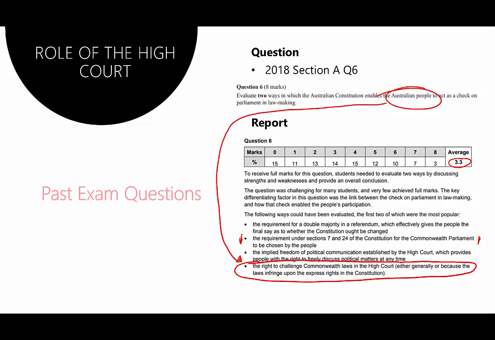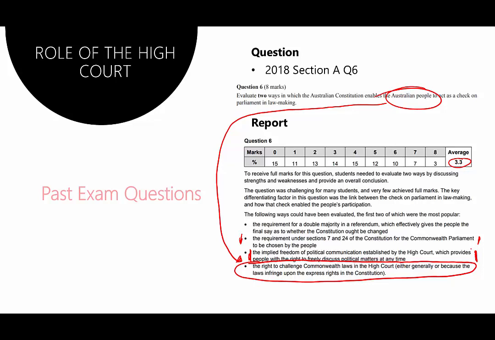So that's a really important point. When we talk about the role of the High Court, we can talk about the people's ability to bring cases to the High Court. And as part of that, that potentially means that the High Court also finds new implied rights. Okay? So that's something to really focus on.